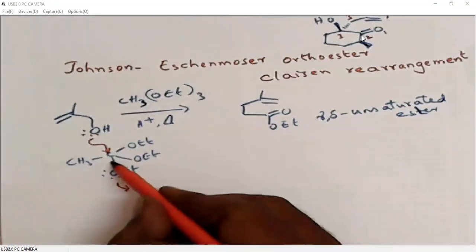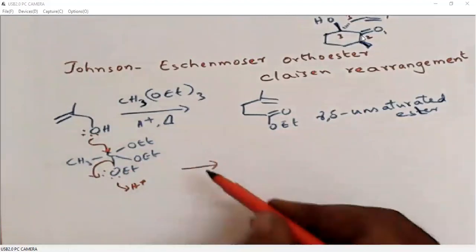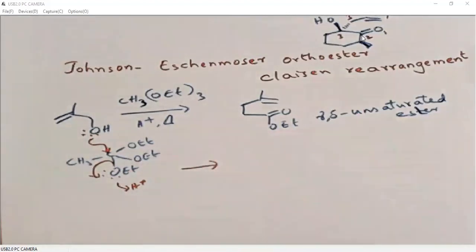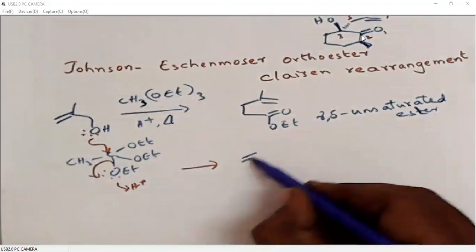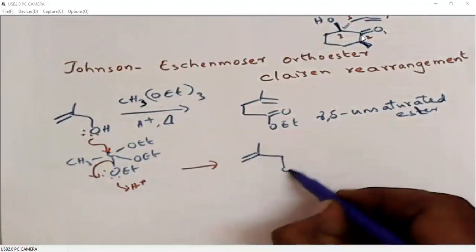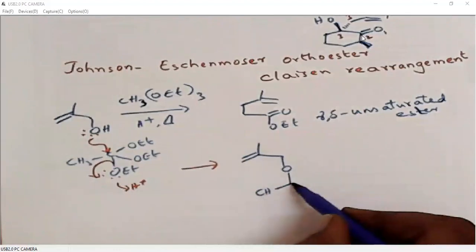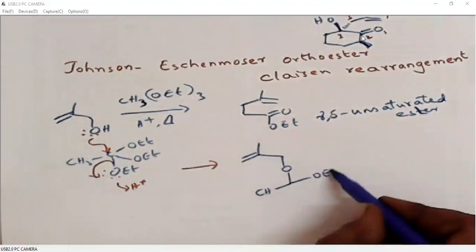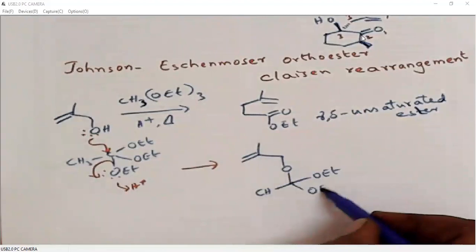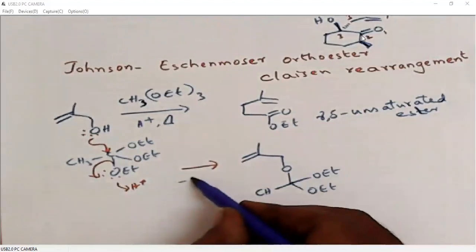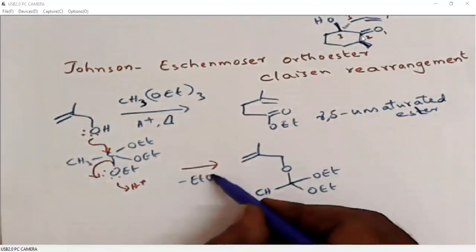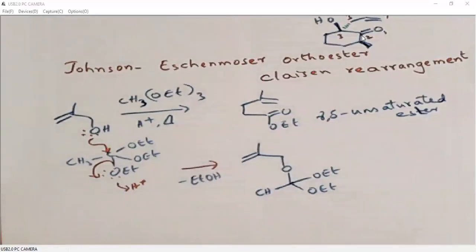So one of the OEt will be leaving. There will be a bond formation between allyl alcohol and the carbon, and ethanol is leaving.